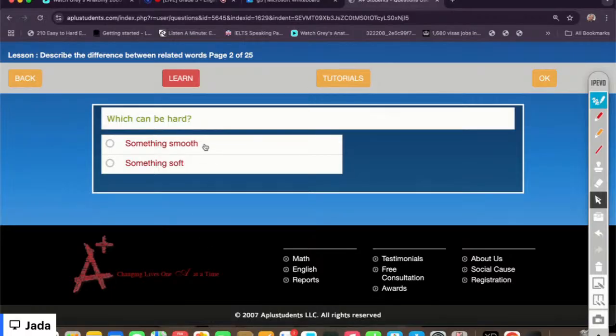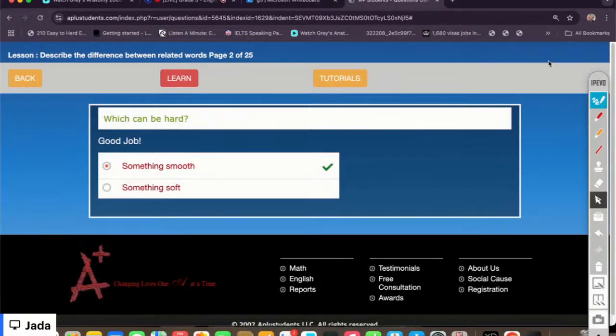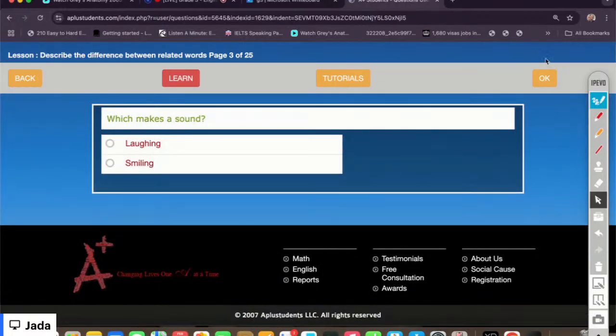So something that is smooth can be hard. All right, great. So something smooth can be the hard one. And which makes a sound? Is it laughing or smiling? Is it a sound when you're smiling or when you're laughing?